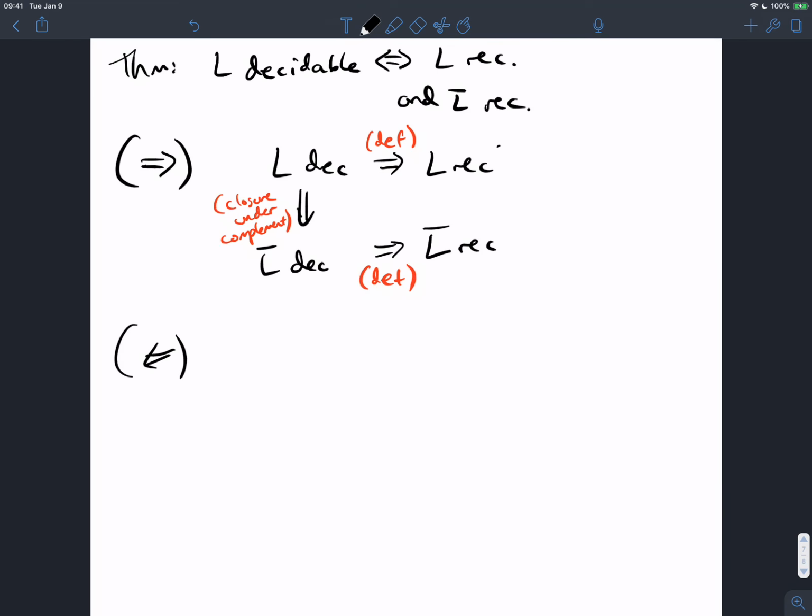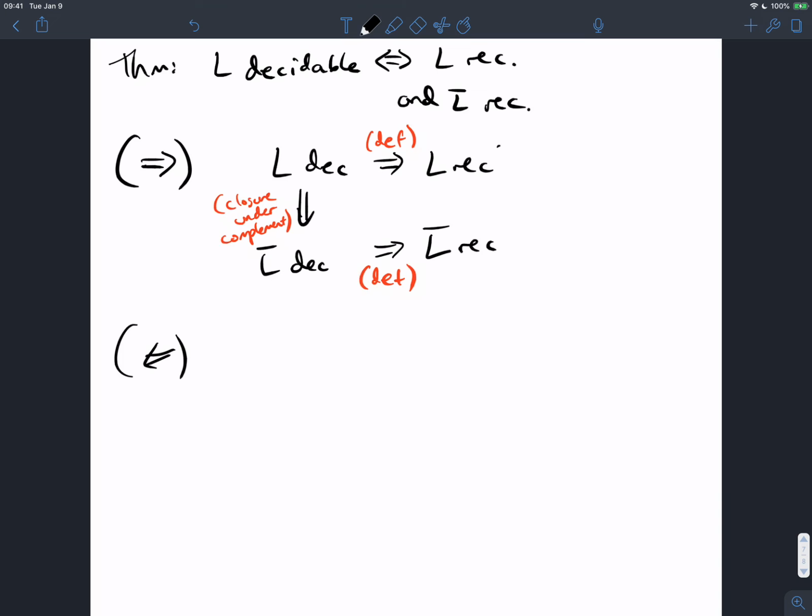So what does a decider mean? What does a decidable language mean? Because it actually will help us here. It halts on all strings, right? What does a recognizer mean? Halts on all strings in the language. Wait, can a string belong to a language and its complement? The language's complement.